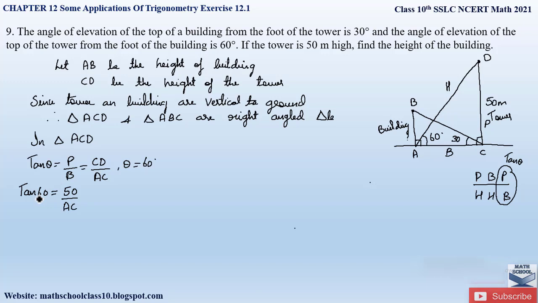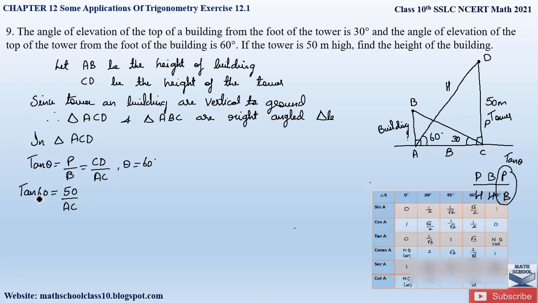And what is the tan 60 value from our trigonometric table? Tan 60 is equal to root 3, right? So let us substitute. Root 3 is equal to 50 divided by AC, or AC is equal to 50 divided by root 3 meter. So we found out the base or AC value, which is 50 by root 3 meter.